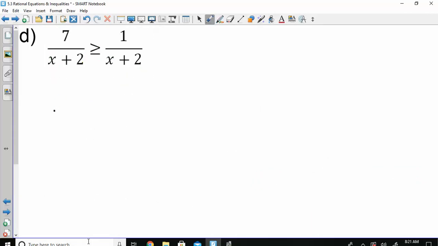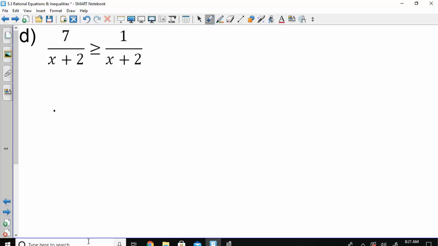Look at this one. We know our goal, the ideal setup here, is a single fraction on one side and 0 on the other.